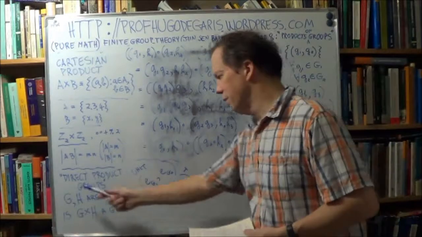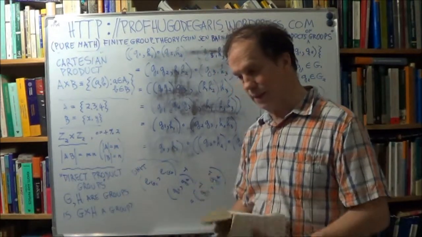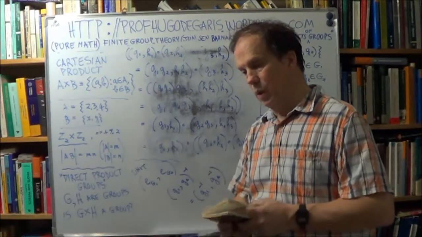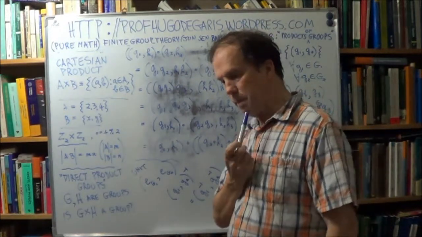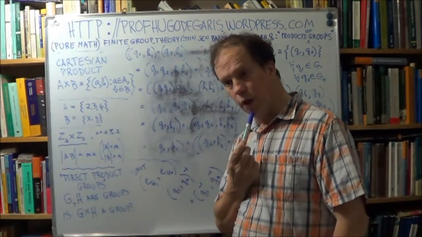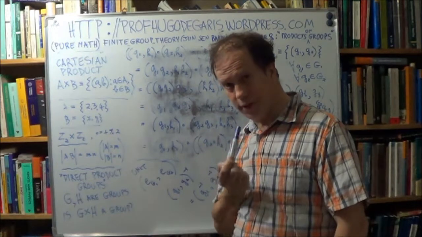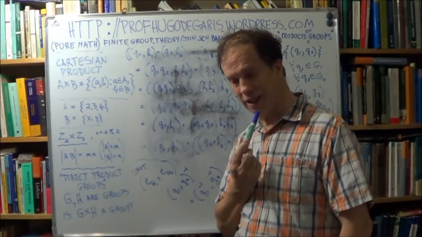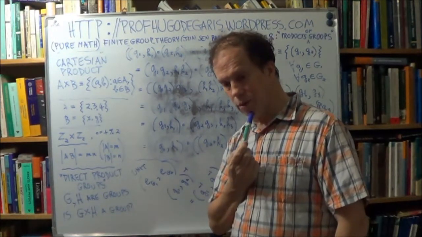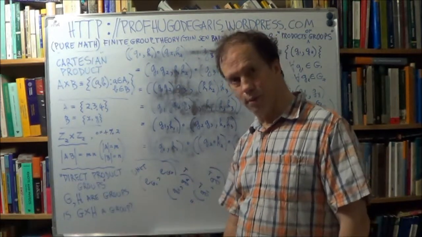So we can now talk about direct product groups. Okay? Now, so what? Well, in particle physics, for example, there's something called the standard model. And it's pretty famous if you're a physicist, in particle physics particularly. And that model involves direct product groups.